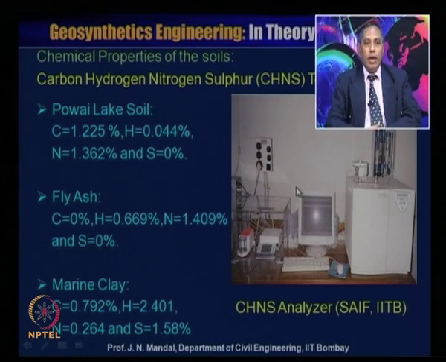Now Powai lake soil: carbon is 1.225 percent, hydrogen 0.044 percent, nitrogen 1.362 percent and sulfur 0 percent. Fly ash: carbon 0 percent, hydrogen 0.669 percent, nitrogen 1.409 percent and sulfur 0 percent.